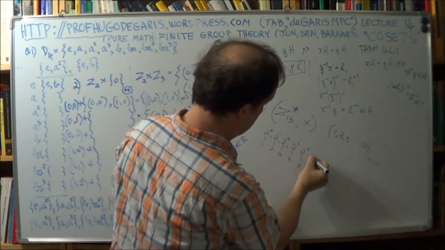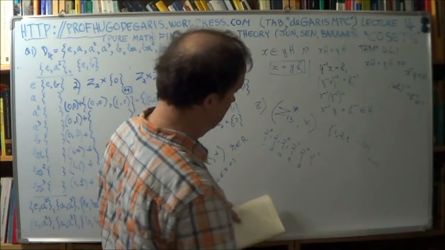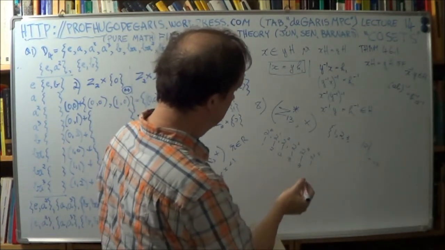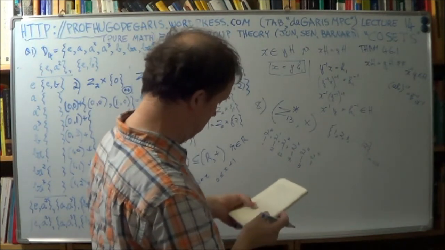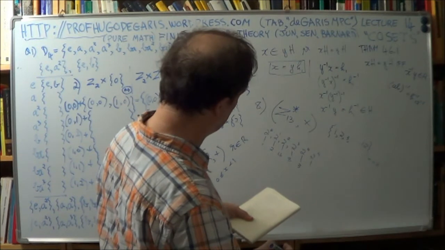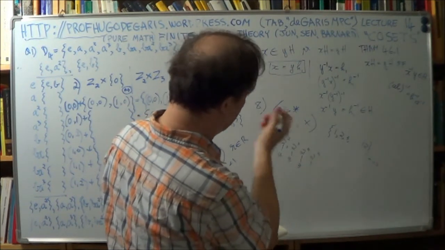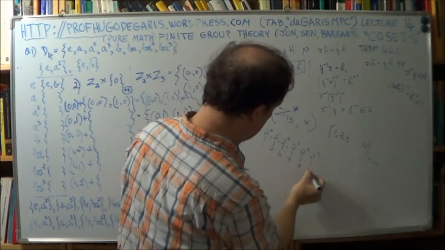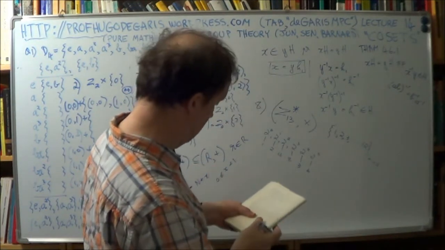Right? And 2 to the 5, that's 32, mod 13, is what? 2 times 13 is 26 and 6 left over, so that's 6.